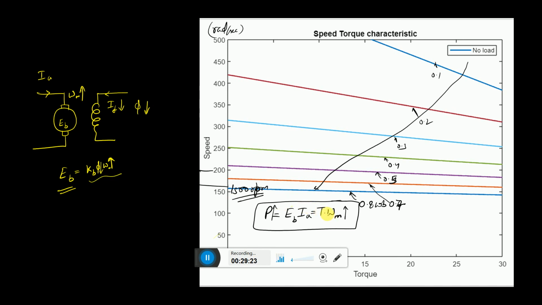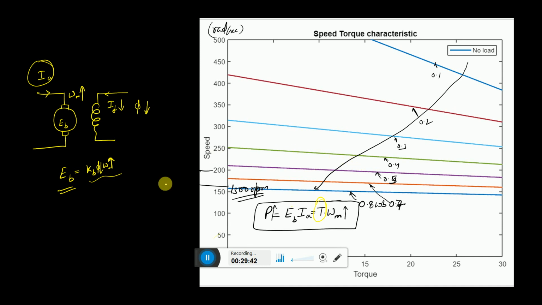And if the load torque is increased, that will lead to an increase in power. That means more and more current will be drawn from the source, and this may affect the armature winding and lead to hazards.